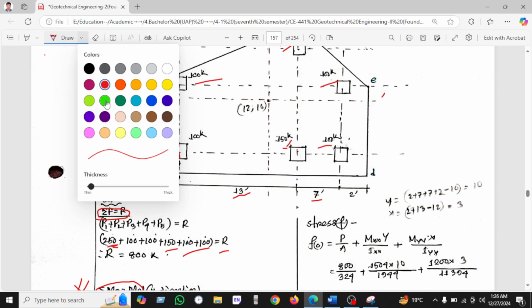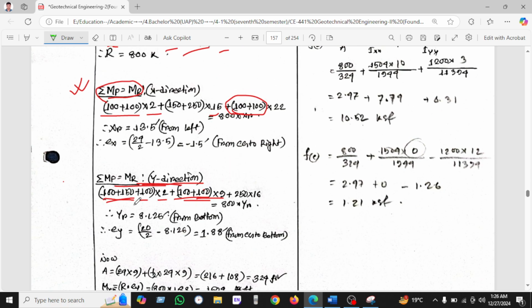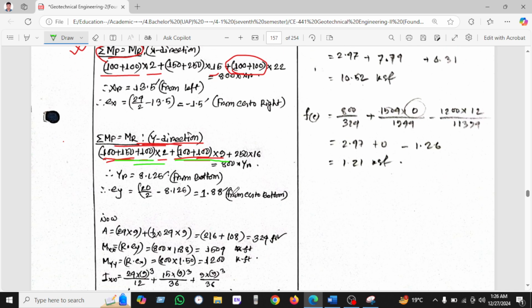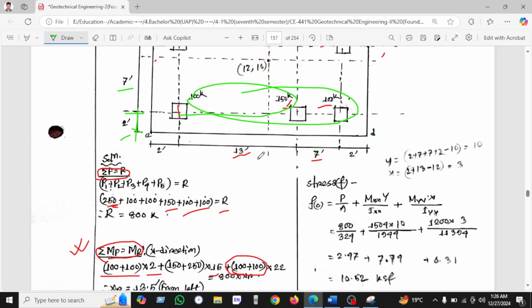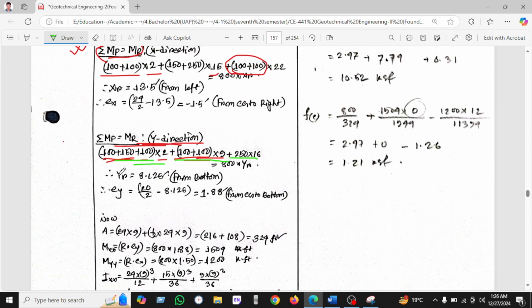Another load is 100 and 150, and the distance here is 2. So 100 into 100 into 9. This is the second load, 100 into 100, and we found 9. How do we get the 9? 7 plus 2 is 9, and 250 into 16. So 250 is at a distance of 16, and we found y equal to 8.21 feet.